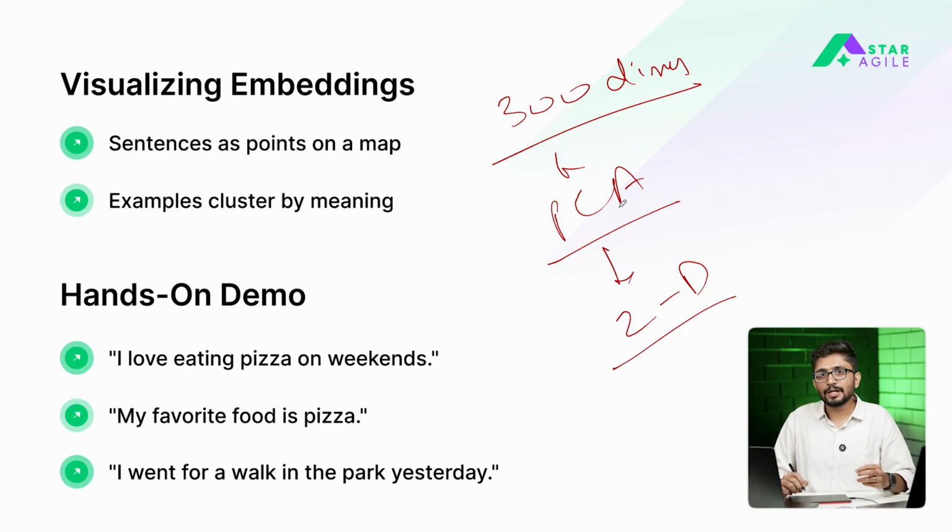In PCA, you take a bigger dimensionality vector and compress it into a lower dimensionality by preserving as much information as possible, right? In this demo, we are going to see how, using PCA, you can visualize a higher dimensionality vector in a lower dimensionality. So let's get into the hands-on demo and see embeddings in action.